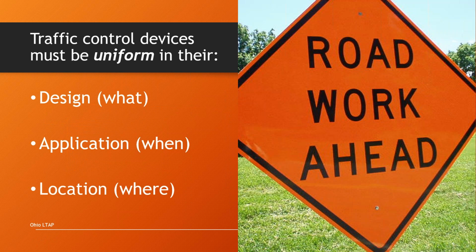So our traffic control devices, there's different ways to be uniform. We want our devices to be uniform in the design or the application of those devices and the location of the devices. So there's 3 levels of uniformity there.